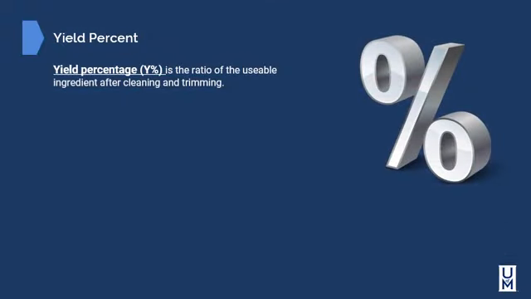Looking back at our yield percent, which is our ratio of usable ingredient after cleaning and trimming: our EP weight after trimming, which is our weight after we cut away all the sinew and unusable portions, is divided by our AP weight, which is our original weight straight out of the container, out of the box. We put it right on the scale.